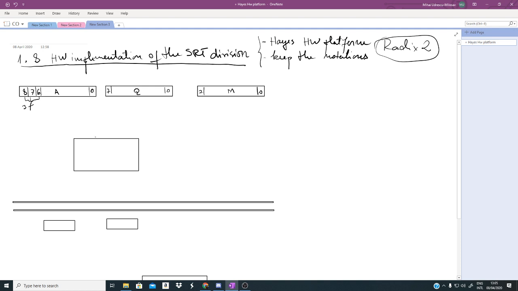But first, let's talk about this. This is the parallel adder on 9 bits.